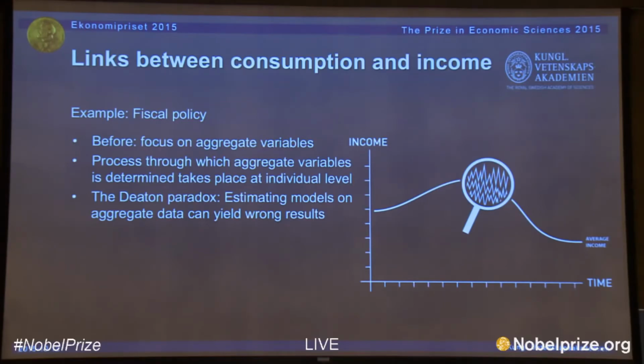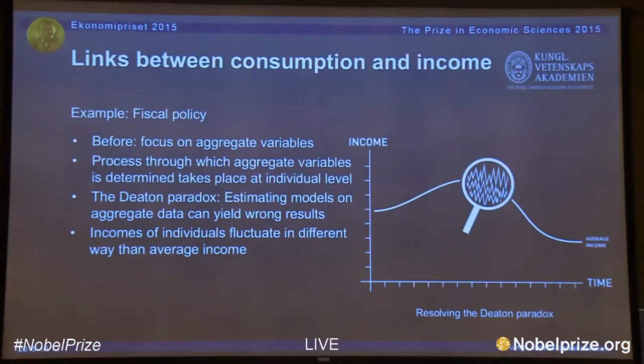But Deaton not only uncovered a paradox, he also pointed towards a solution to that paradox. And as the picture here illustrates, the key to understanding this paradox is to look closer at the process of average or aggregate income. Because it is in fact so that incomes of individuals fluctuate in a very different way than average income.